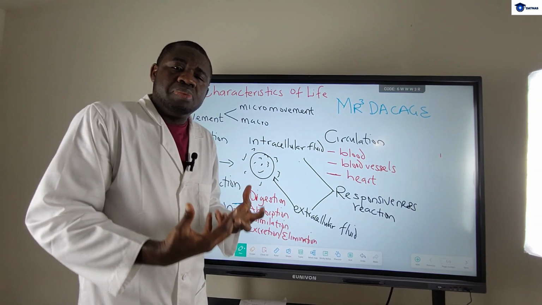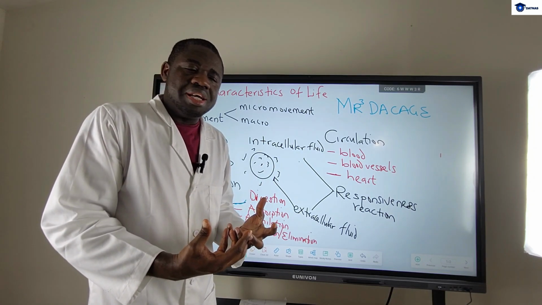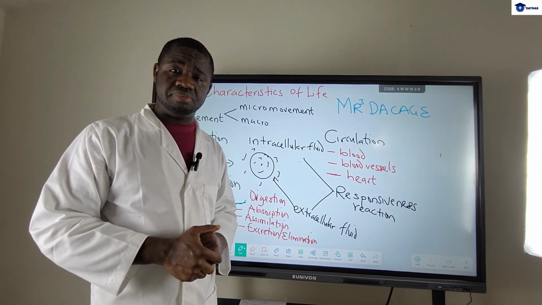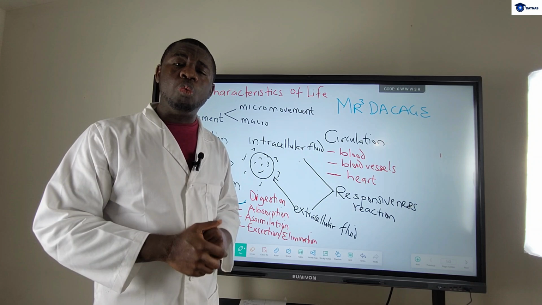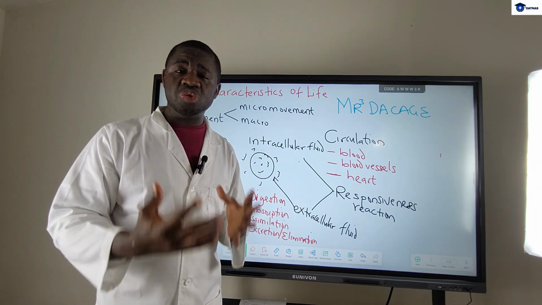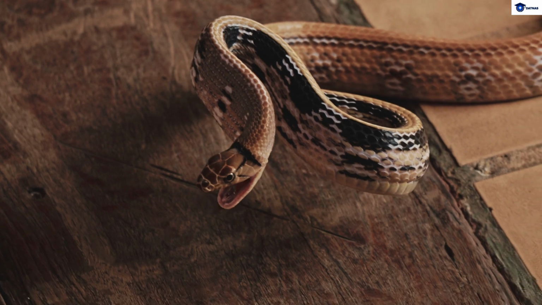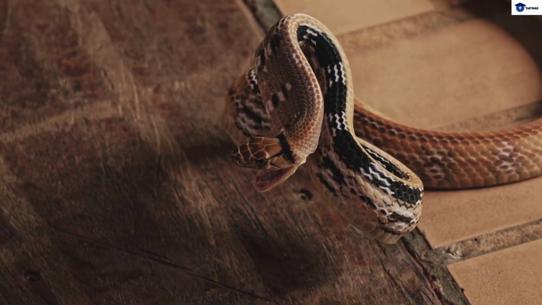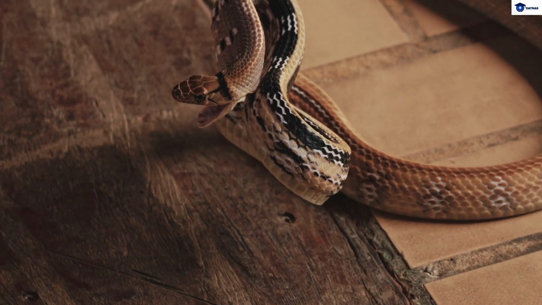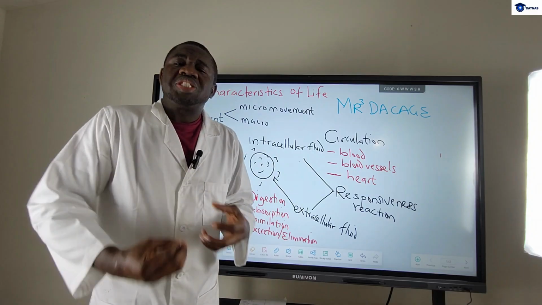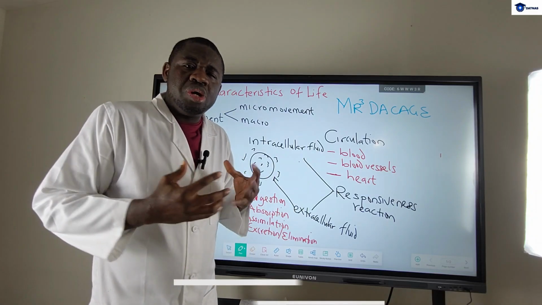But how does the body respond to the external environment? What are you scared of? Are you scared of snakes? Are you scared of cockroaches? And when you see those things that you are scared of, how do you respond?